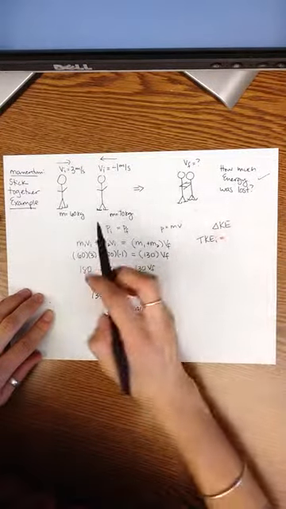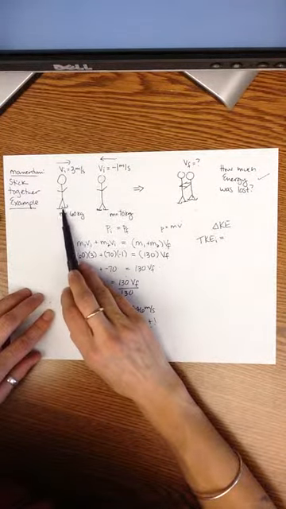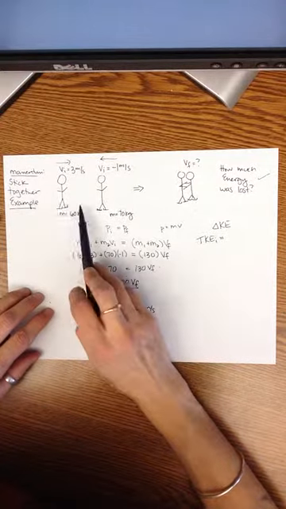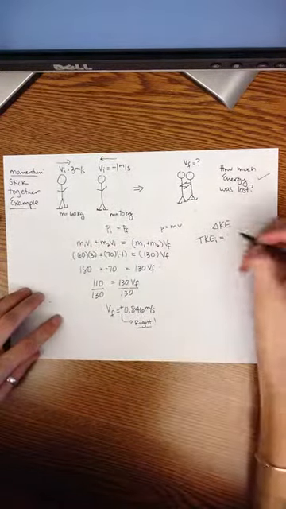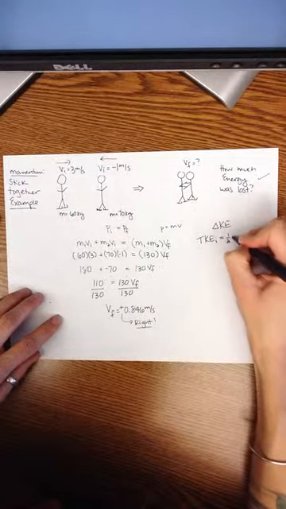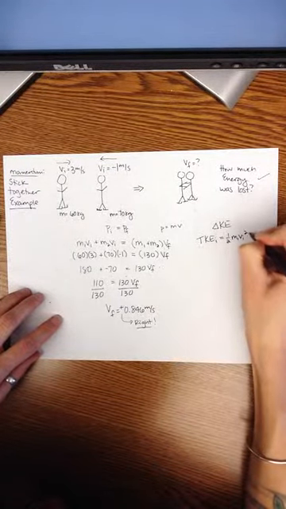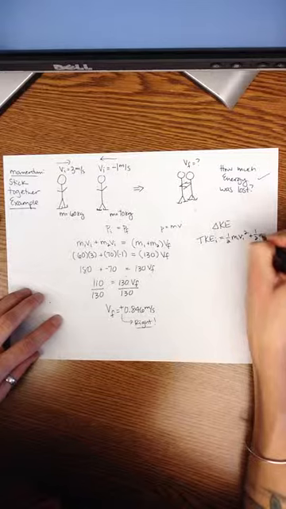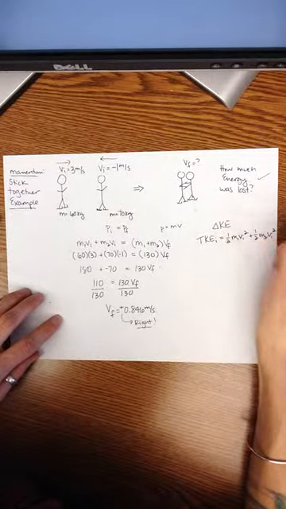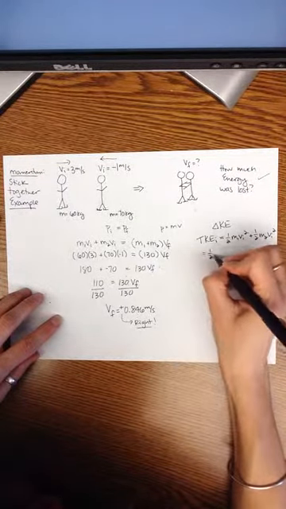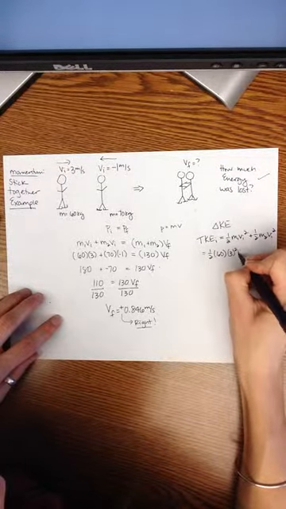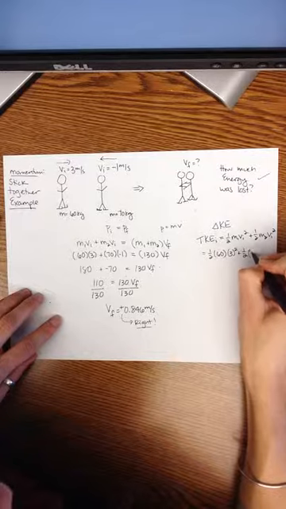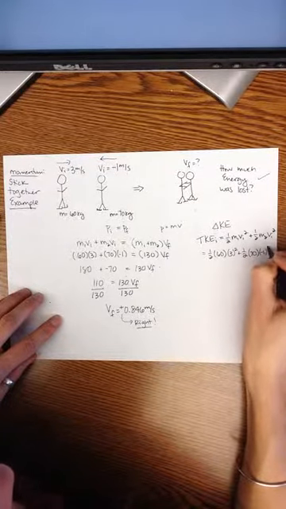So that's going to be the kinetic energy of person 1 plus the kinetic energy of person 2, because they're both moving. So this would be 1/2 m1 v initial squared plus 1/2 m2 v initial squared. So that would be 1/2 60 times 3 squared plus 1/2 70 times -1 squared.